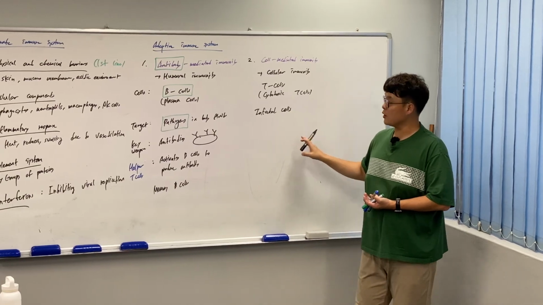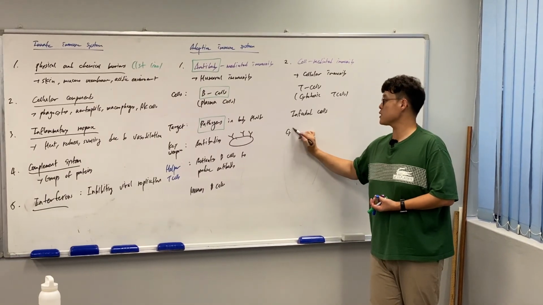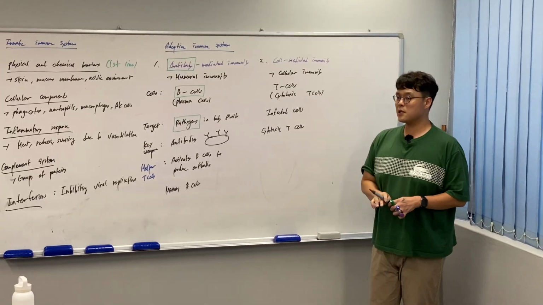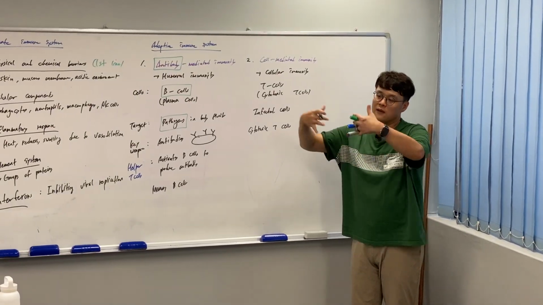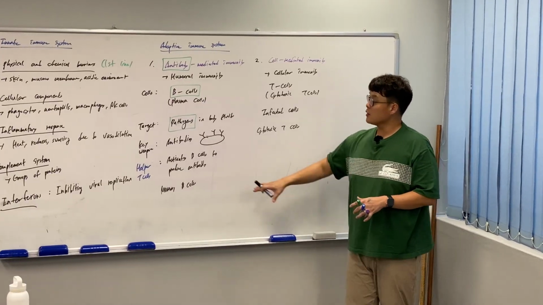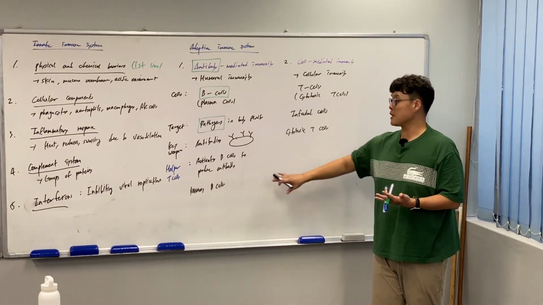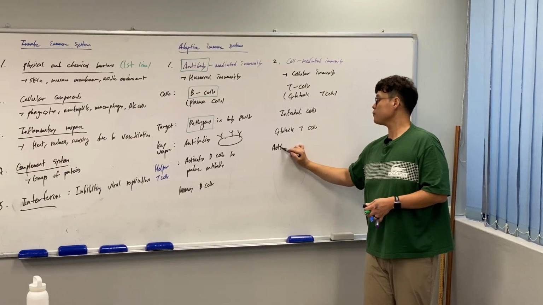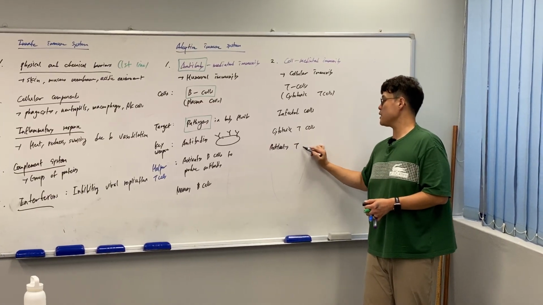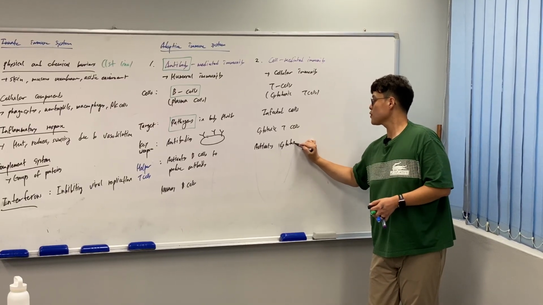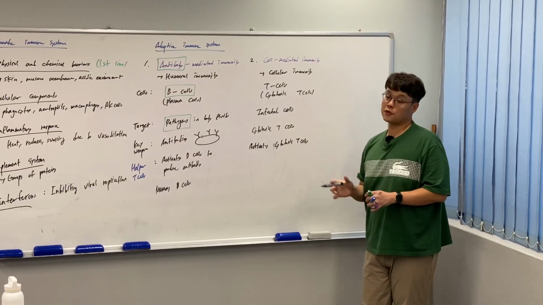Okay, so the key weapon is the cytotoxic T cell itself. The T cell is so powerful it can engulf the infected cells too. So what does it do? The helper T cell is not really activating the B cell. It activates the T cytotoxic cells too.